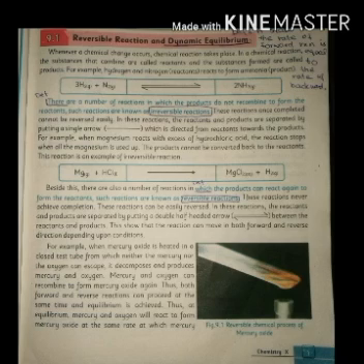Once an irreversible reaction is completed, it can't be reversed easily. In these reactions, the reactants and products are separated by putting a single arrow, which is directed from the reactants towards the products.